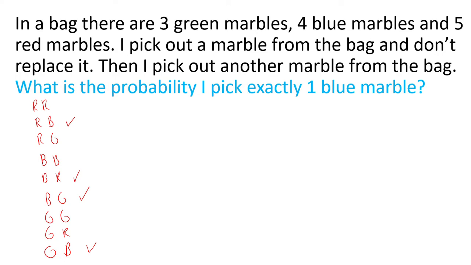So we'll start with the top one, red and then blue. So the probability of picking out red on the first go, as we know already, is 5 out of 12. Now if you pick red on the first go, the probability of picking blue on the second go, well, there'll be 4 blues on the second go. There won't be 12 anymore, there'll now be 11. So the probability of blue on the second go is 4 out of 11, and that comes to 20 out of 132.